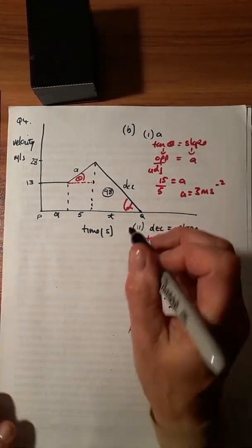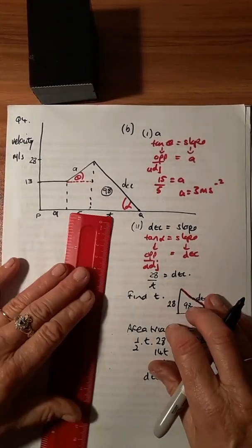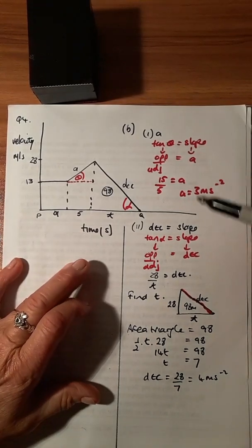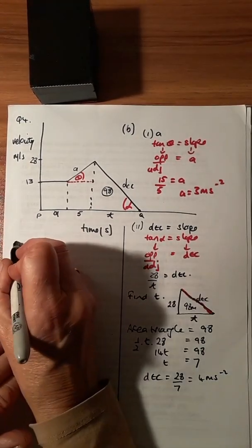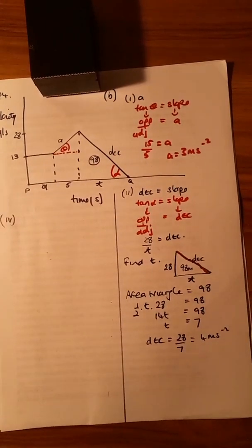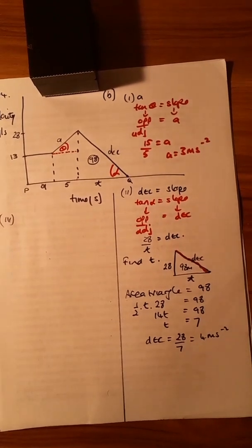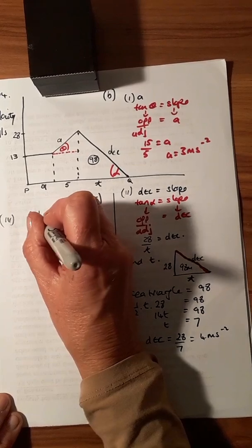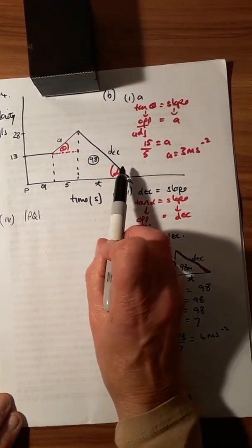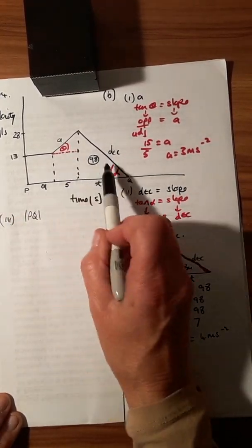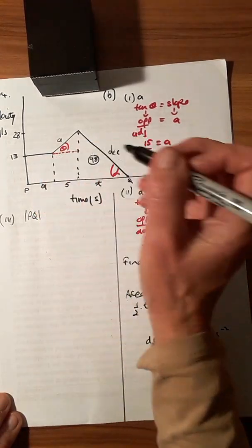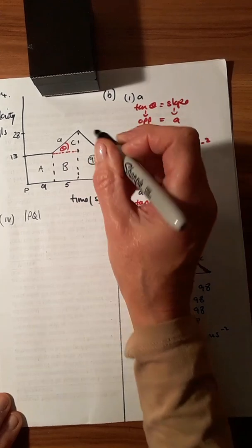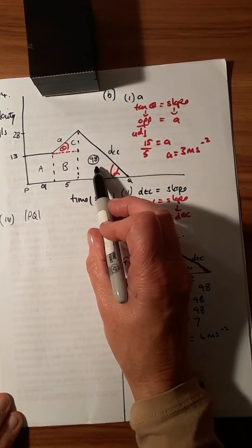Now I'm going to use this part of the page next, to do part 3. We're going to find the total distance between P and Q. To get from P to Q, you can see that we've got a few different shapes. I'm going to divide them up into A, B, C, and this bit D, which is 98.